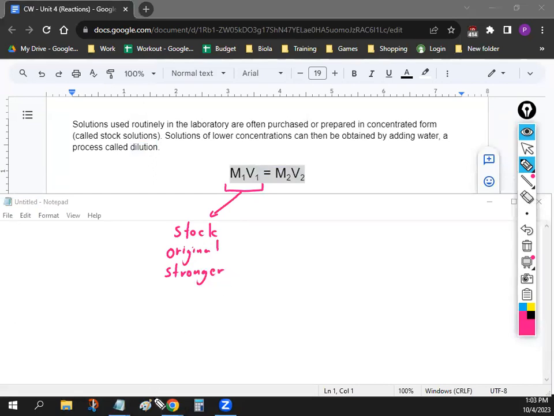Okay, stock, original, stronger. And the other side, the two side, is the diluted. So this is the one that you want to make. So this is the diluted solution, the one you want to make.